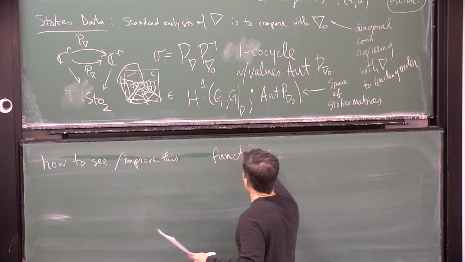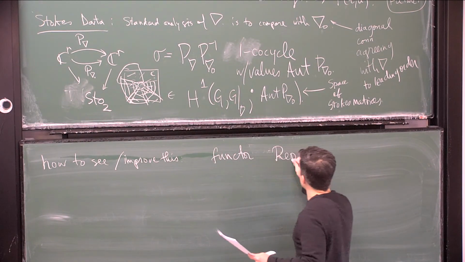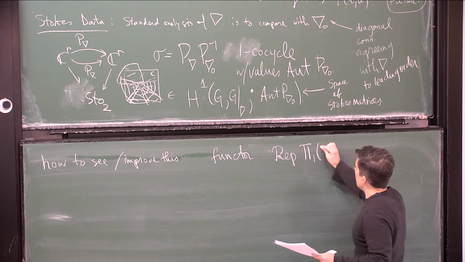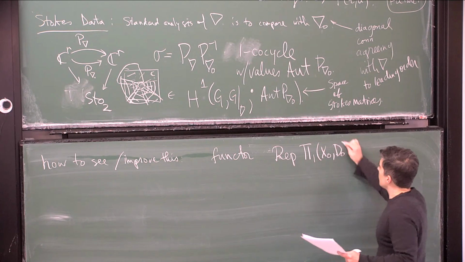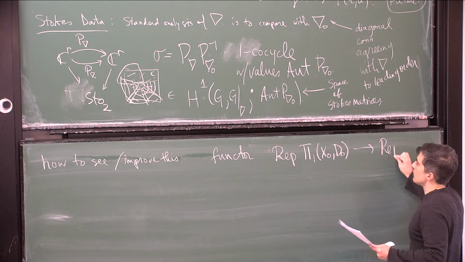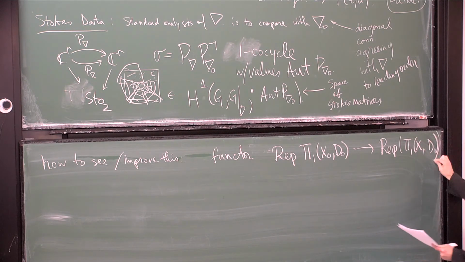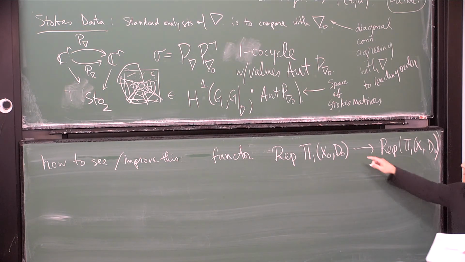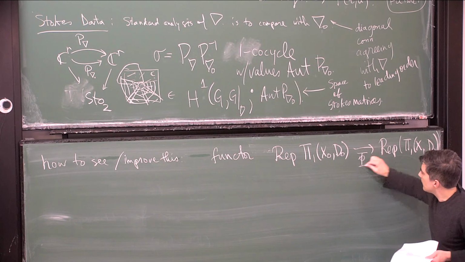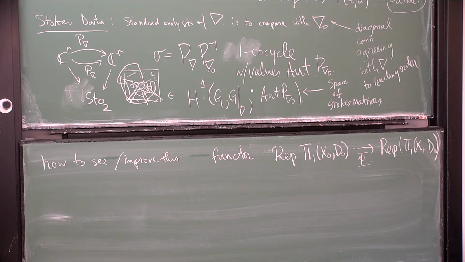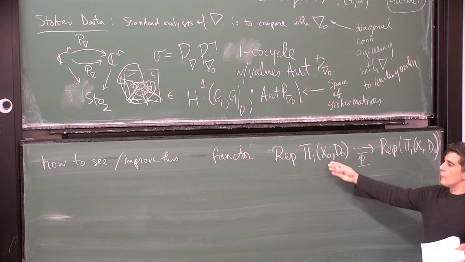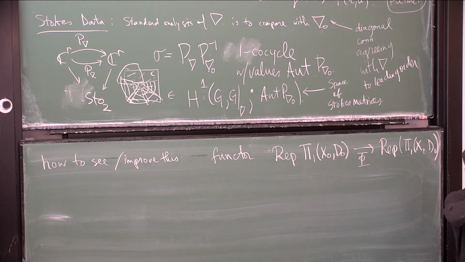We should have a functor from the representations of pi_1(X_0, D_0) to the representations of pi_1(X_1, D_1). If we could find this functor, let me call it capital Phi, then we should have a way of seeing how to transport a flat connection from one curve to the other.